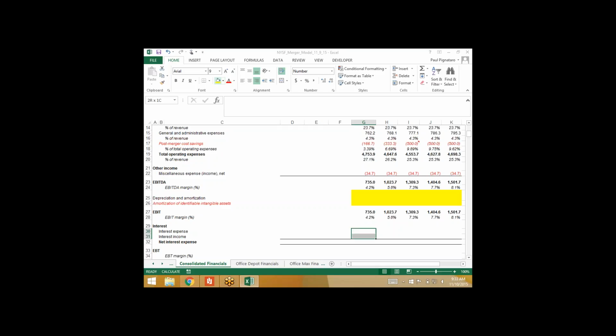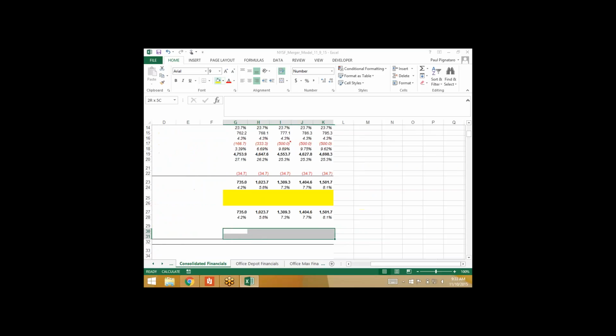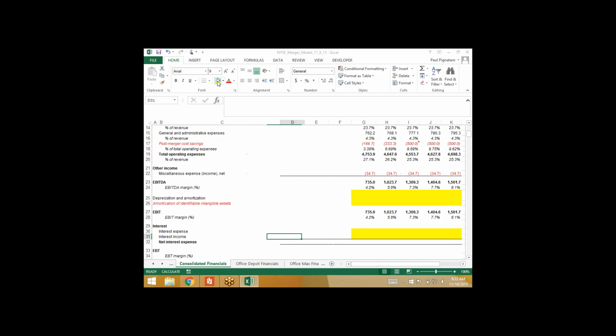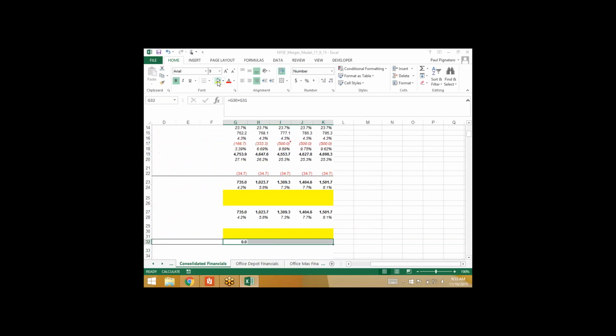Interest expense, interest income. Same idea. Leave it empty until we have it in the debt schedule. I'm still going to calculate net interest expense as the sum of the two, and this will come from the debt schedule.